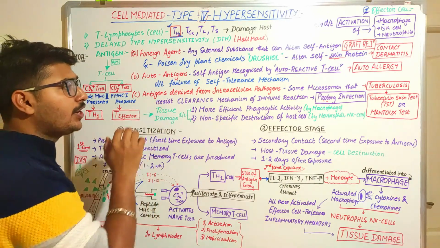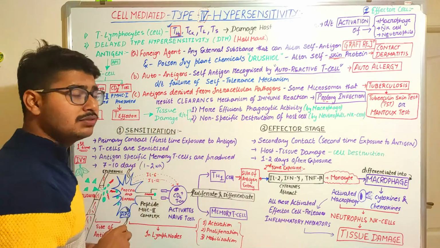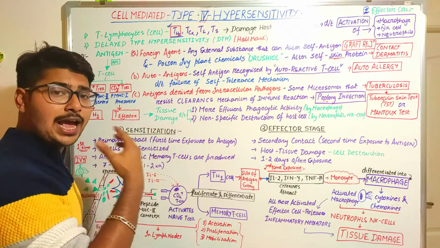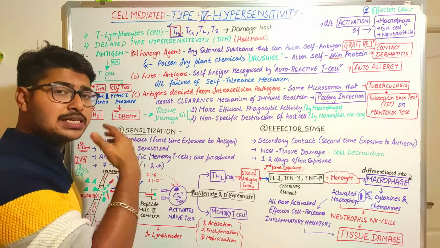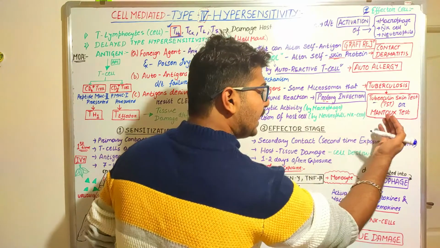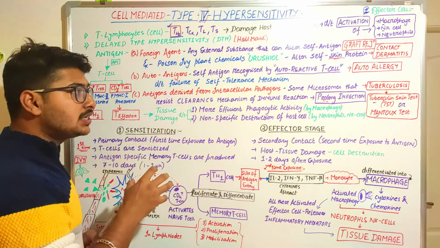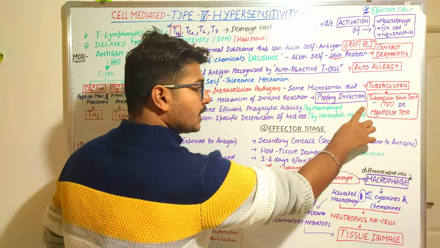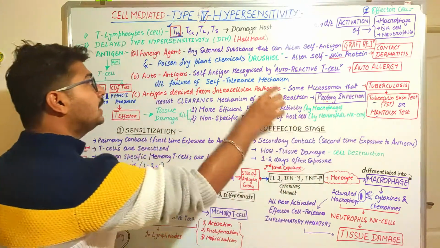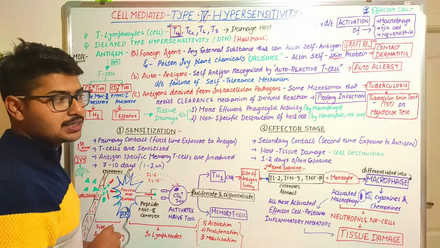So how are we going to see the type 4 hypersensitivity reaction in this case? If we diagnose whether tuberculosis is present or not through the tuberculin skin test or the Mantoux test, then we can understand that this reaction proceeds as a cell mediated hypersensitivity reaction.